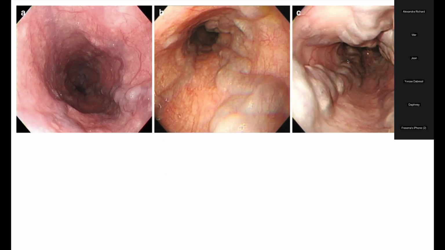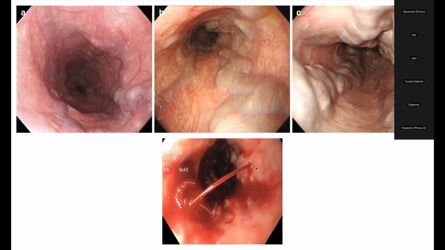And so here we have a perforation of one of the esophageal varices, and we have outright GI bleed that is going to lead to hypovolemia and death if we do not address this.